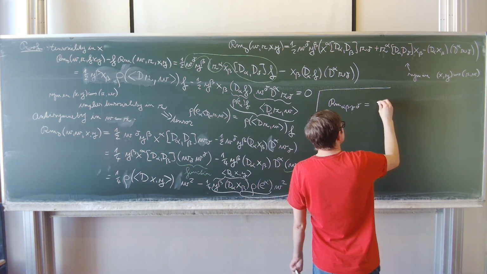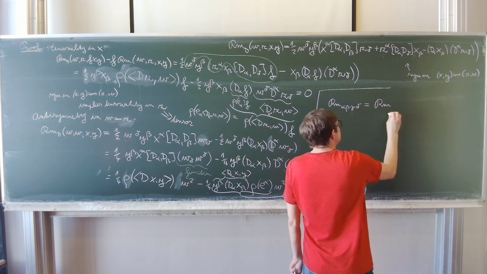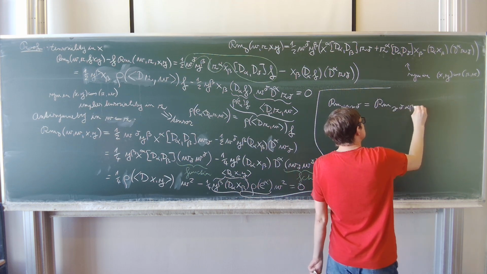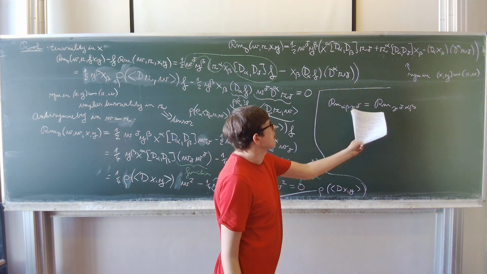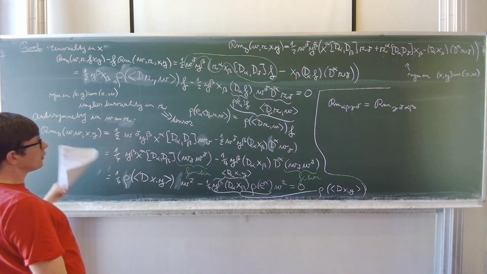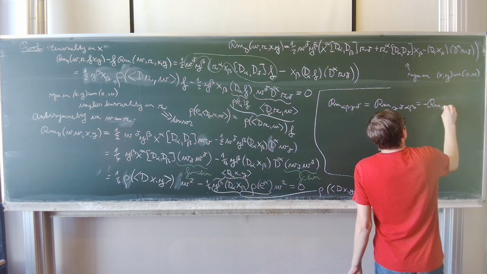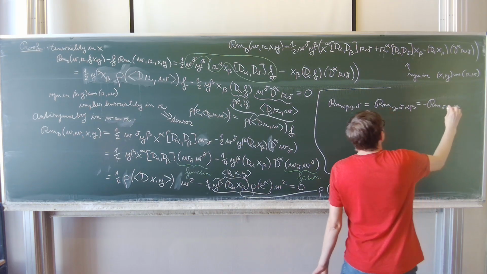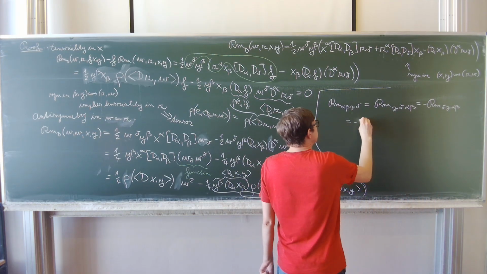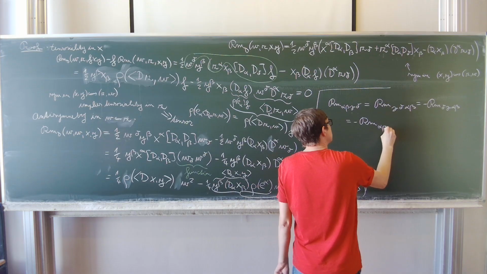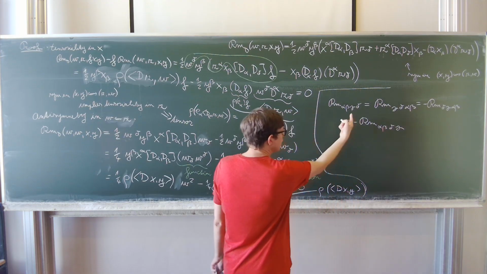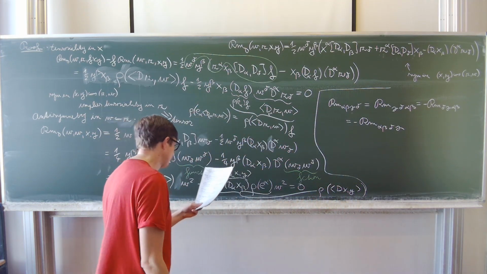I use the fact that it's antisymmetric in the pairs of indices to swap them. Then I use the antisymmetry in the first pair, which we just proved. So this is minus Riemann delta gamma alpha beta, and then I swap the pairs of indices back. So I get Riemann alpha beta delta gamma, which shows that it's antisymmetric in the last pair.